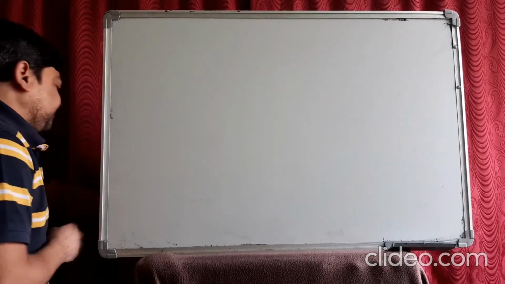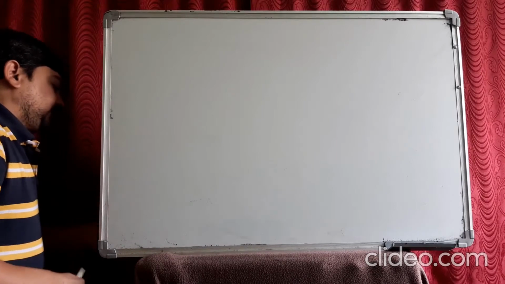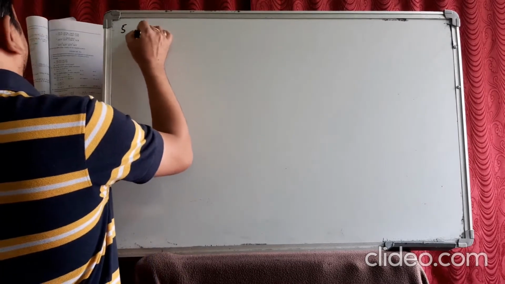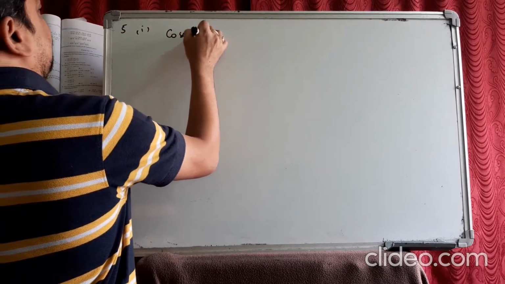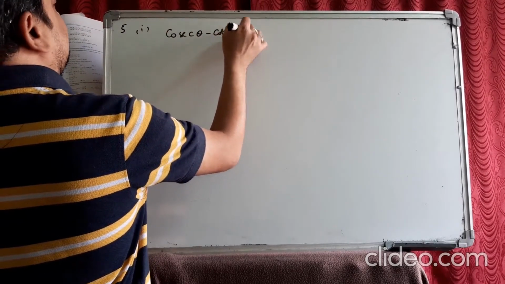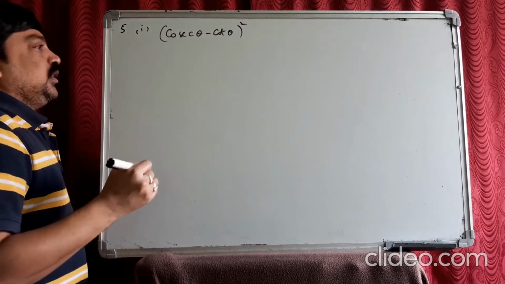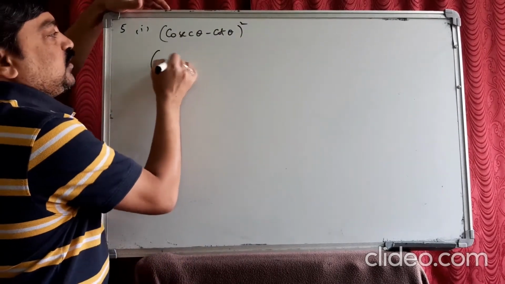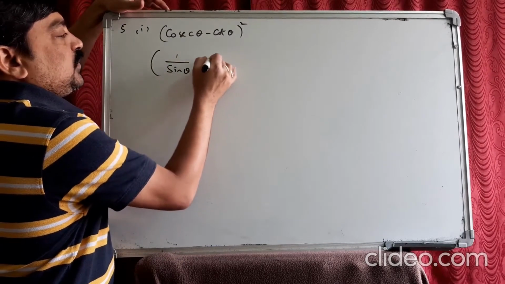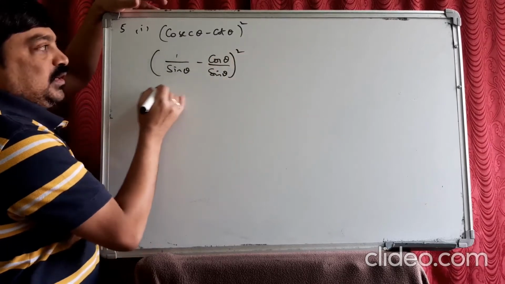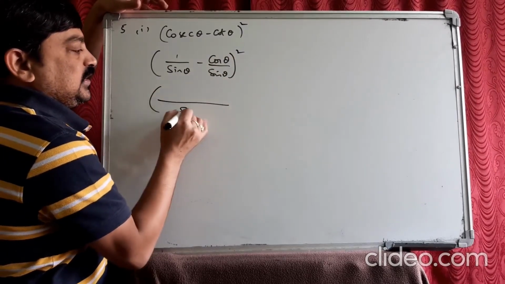Next question. In the fifth, the first one: cosecant theta minus cot theta whole square. You're asked to prove it in terms of cos. So we write cosecant theta as 1 by sin theta, cot theta as cos theta by sin theta, whole square, and the LCM is sin theta.